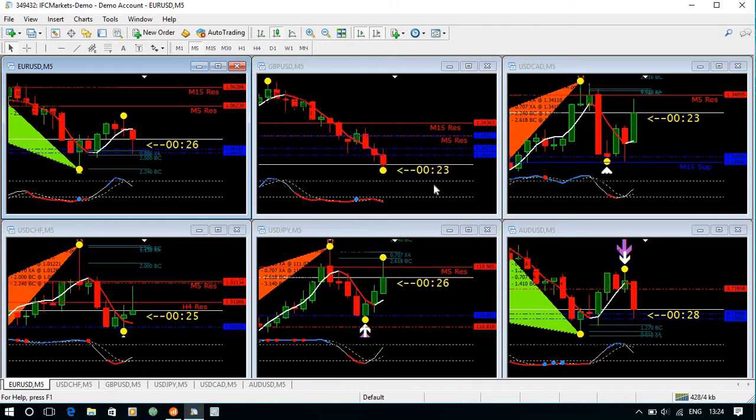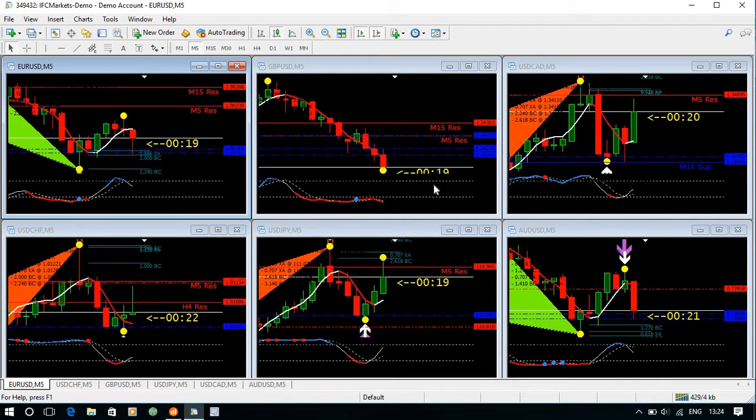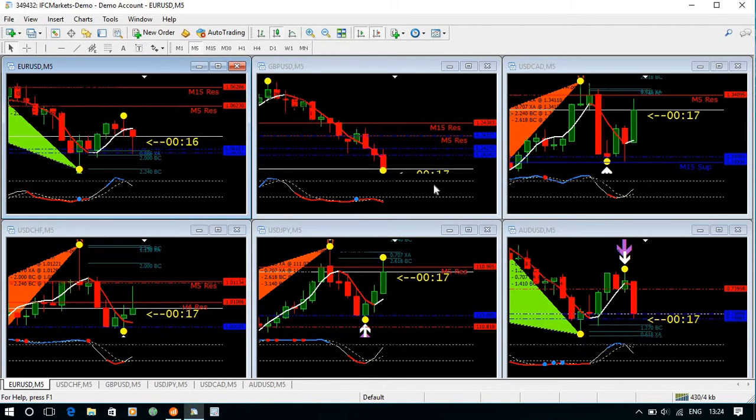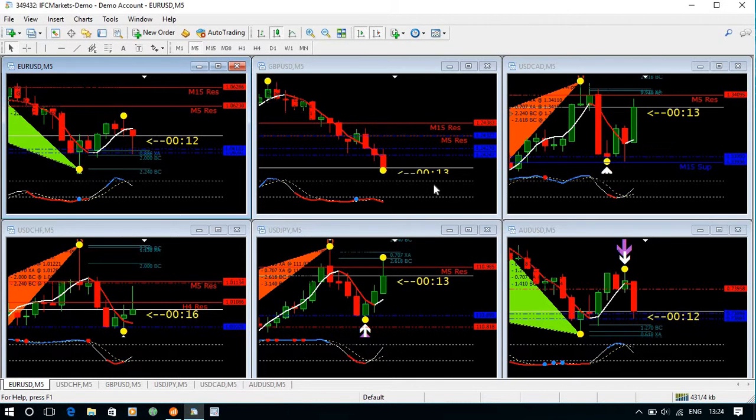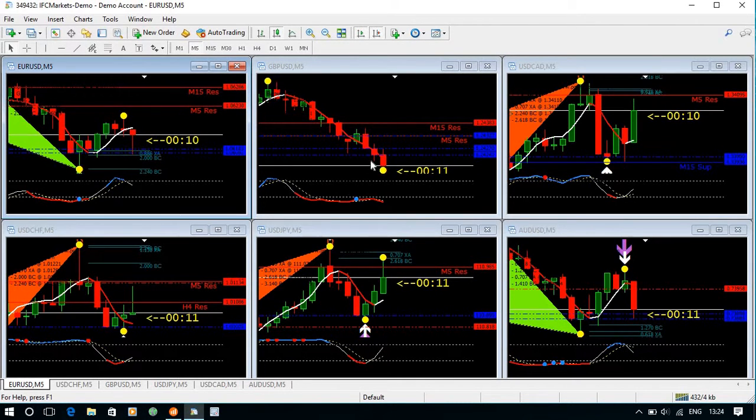But I just tend to take 1 or 2 out of that pile and make the trade on them. So yeah, we'll just wait and see if an alert does come up.